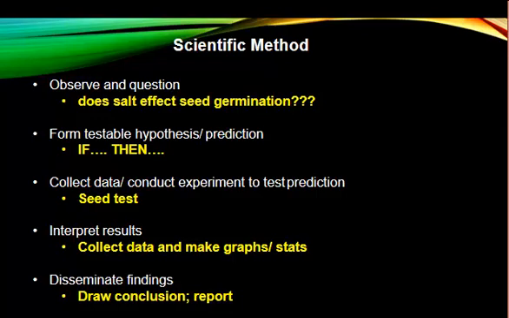So I gave you a well-designed experiment, and you're going to see how all of the principles of a well-designed experiment have been used in that experiment. Then, we probably haven't gotten to this yet, we interpret the results by making graphs, conducting statistical tests, and then we disseminate our findings by drawing conclusions and reporting this to others.